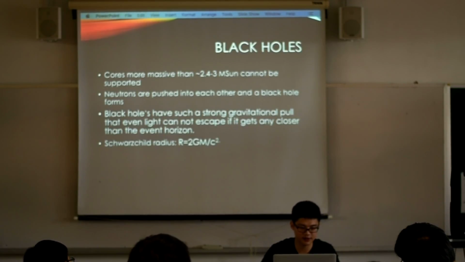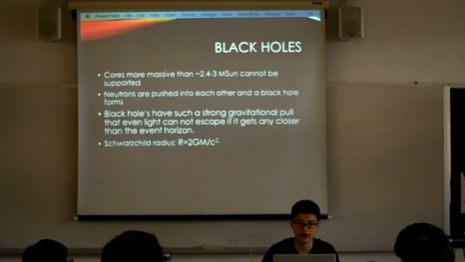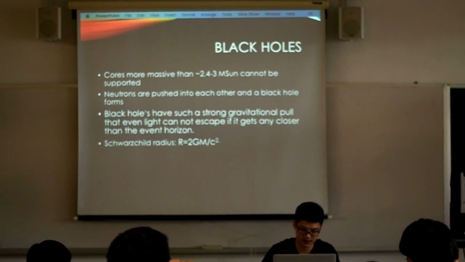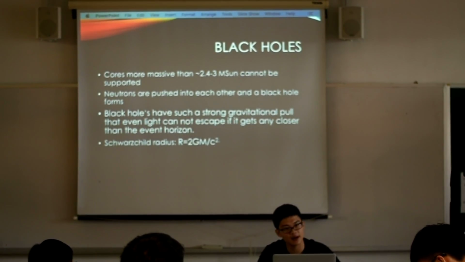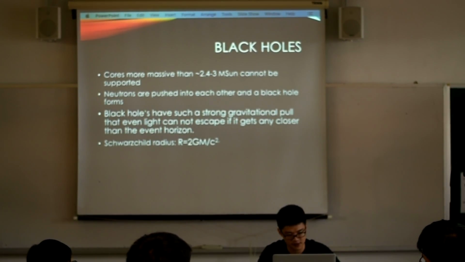The radius of the event horizon is called the Schwarzschild radius. It is theoretically calculated from general relativity as follows: 2 times the gravitational constant times the mass of the core, divided by the square of the speed of light.